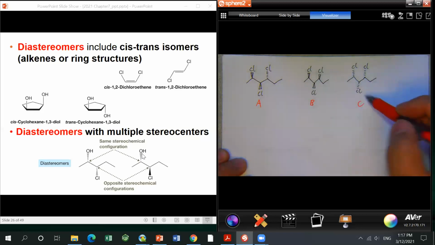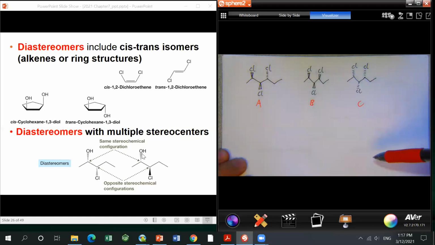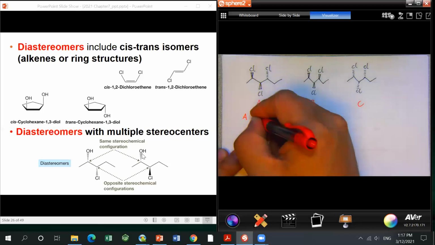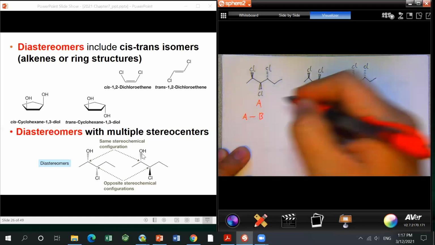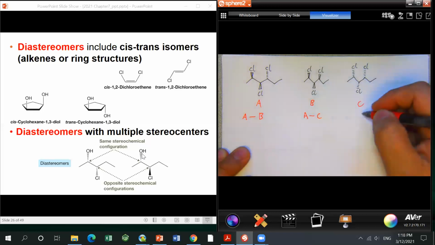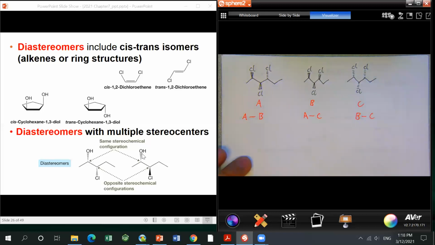Stereoisomers have the same connection but a different orientation of bonds. Now you practice on it and determine their relationship. Are A and B enantiomers or diastereomers? And A and C? And B and C? Take a try.